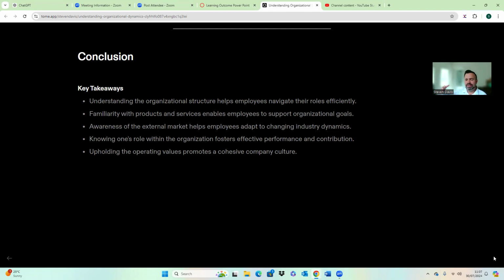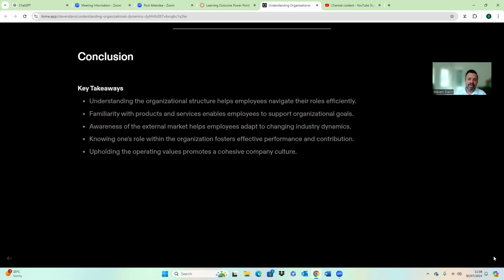So if you don't understand them, how do you then know that that's the right person for that service? You need to have an understanding of the external marketplace and the dynamics and how it goes up and down and look at trends. You should understand your own role within those organizations to foster that performance of contributions and bringing it together and understand that one value and vision.